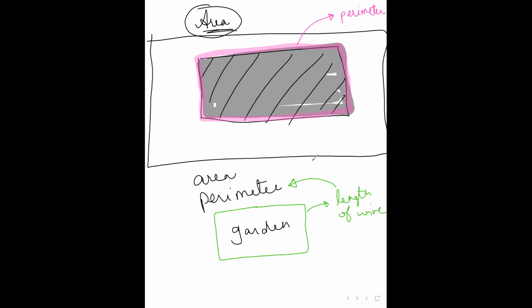Now the next circumstance is, let's say you have a park. You are going around a triangular park. It has a path for jogging. You know, some parks have that.